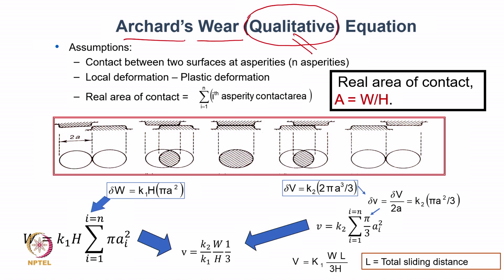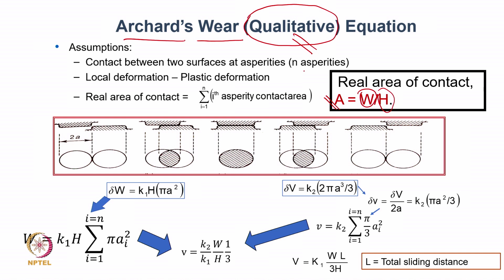We need to understand what parameters are involved in adhesive wear. For that purpose, we need to formulate some equations, relate them and come up with a final equation. What we started earlier: the real area of contact can be given by the normal load applied on the surfaces and the hardness of the soft material.